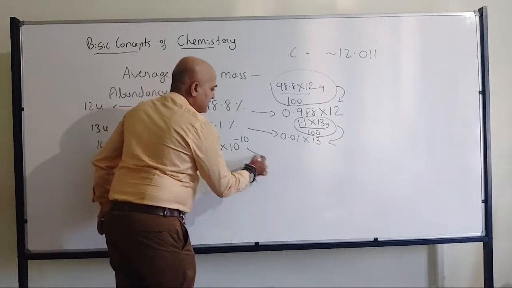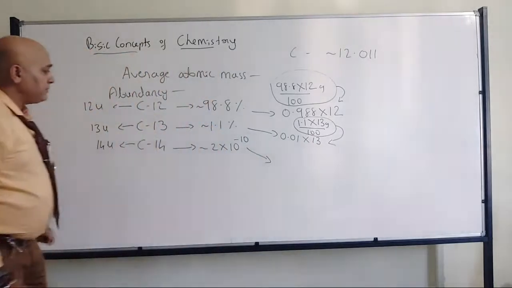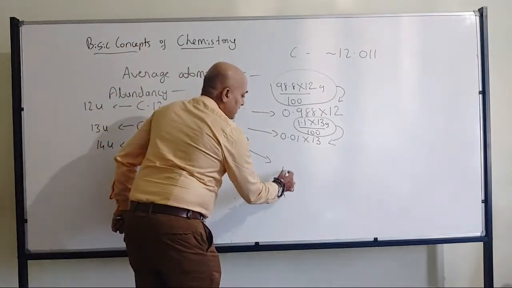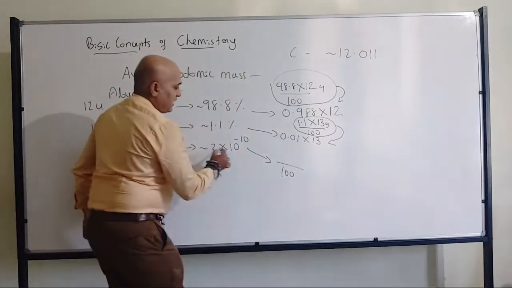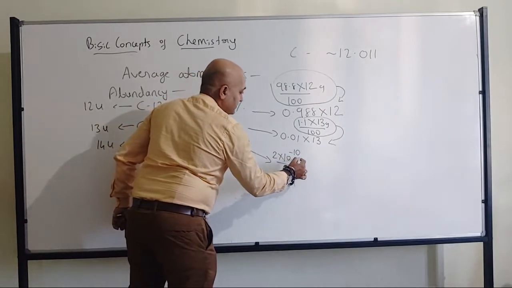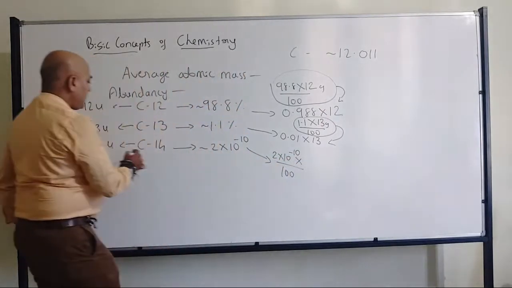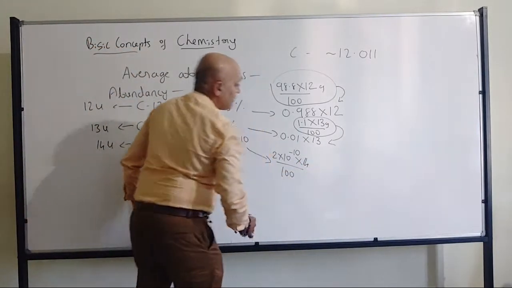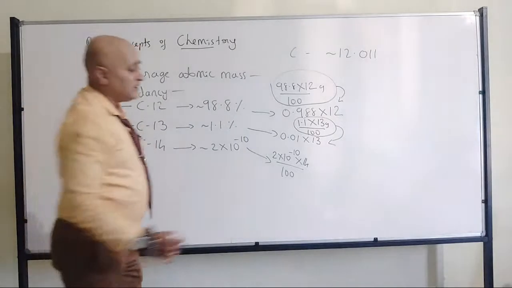Same way, I will explain it once again. Here also, if I take 100, it is somewhere around 2 into 10 to the power of minus 10. So how much if I take 14?